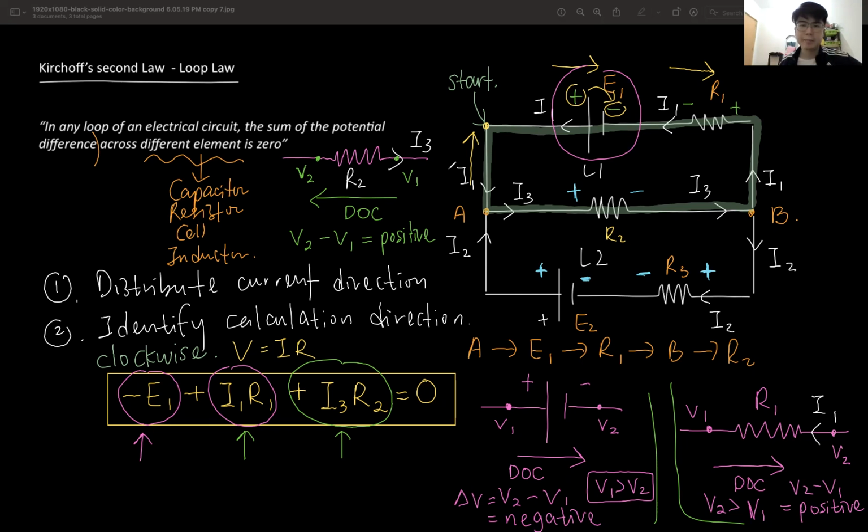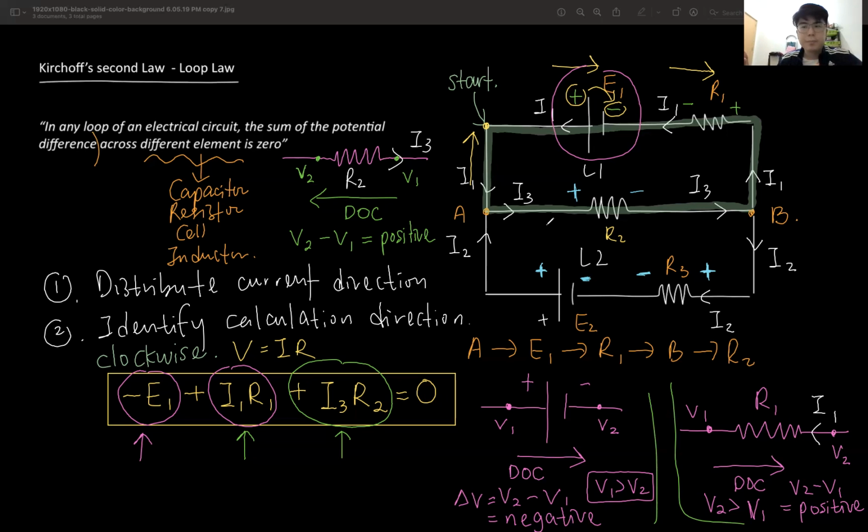We already have the signs. Now, choose your direction of calculation. One important thing is that your direction of calculation cannot change. Once you choose one direction, you want to stick to it. The reason why many students cannot do the questions or keep getting the wrong answer is because they always change the direction of calculation.